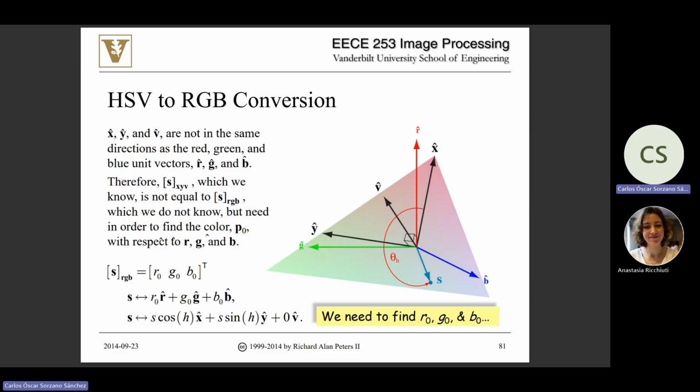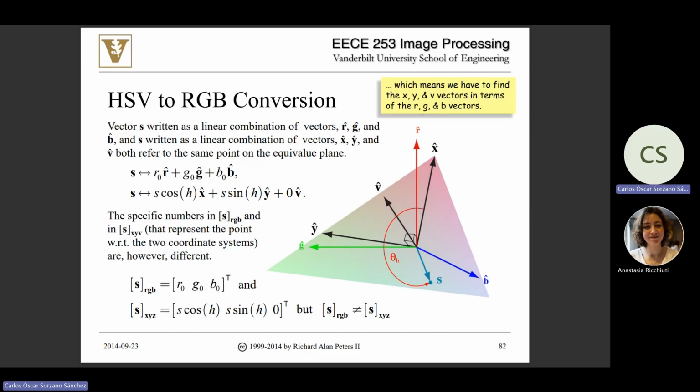But what you recognize from here is that the same color, the same vector, has two representations. One in the RGB coordinate system, another one in the HSV coordinate system. Okay, good.